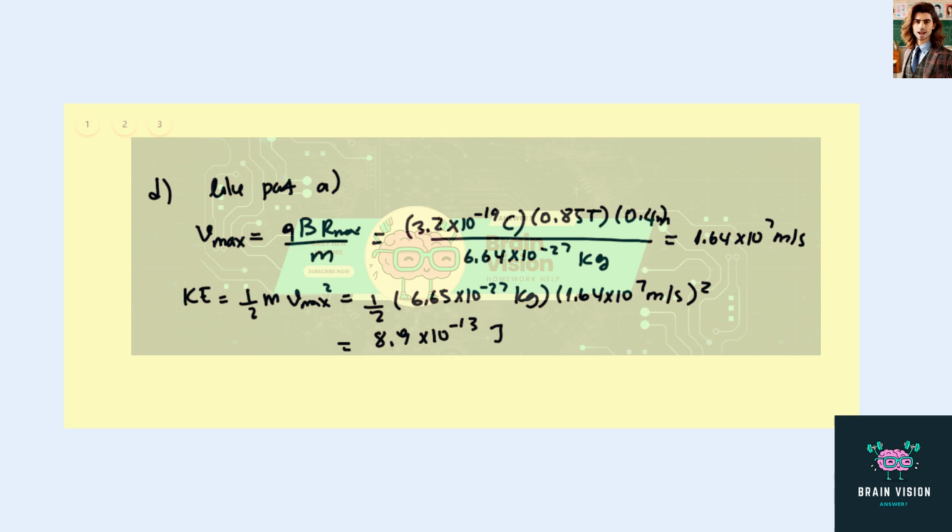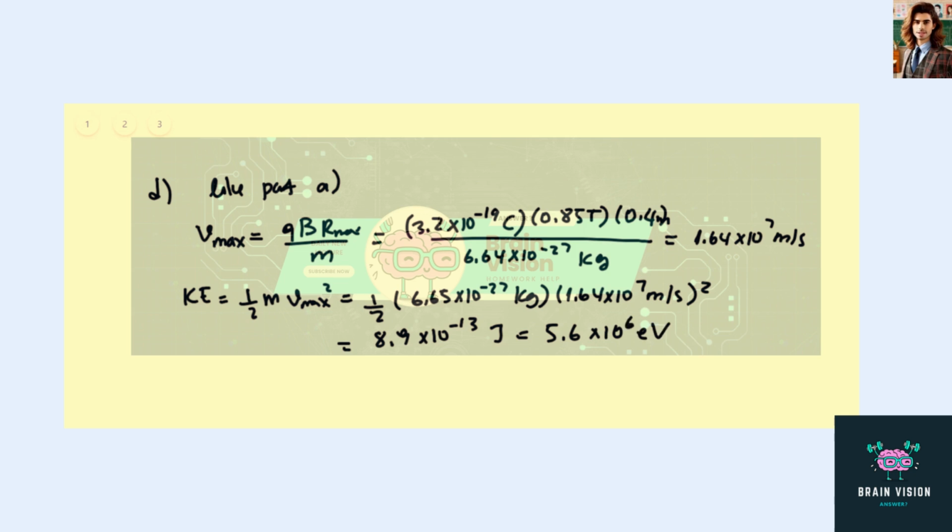Again, if you want to convert this to electron volts, we already calculated it in part A. My apologies. So we had done the conversion. It was 5.6 times 10 to the power 6 electron volts.